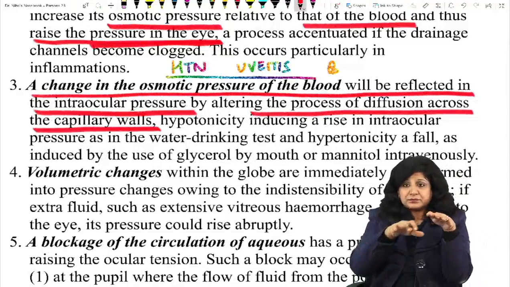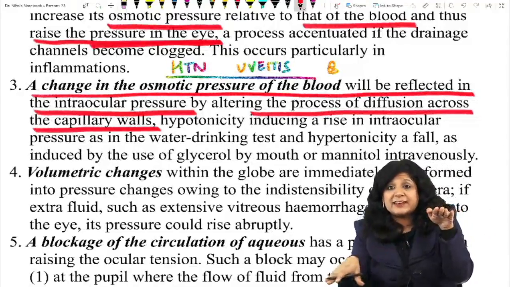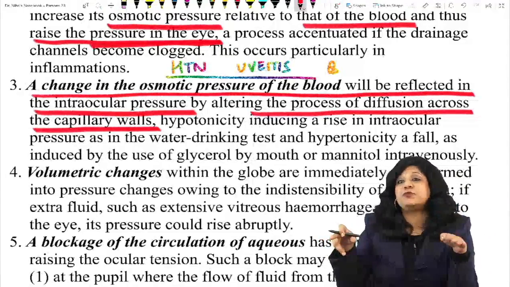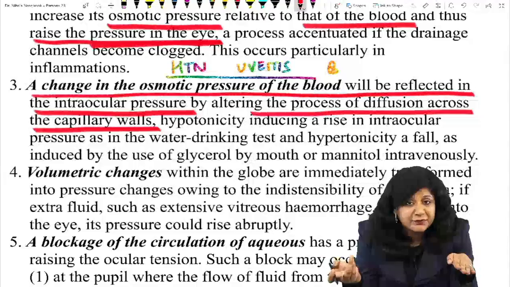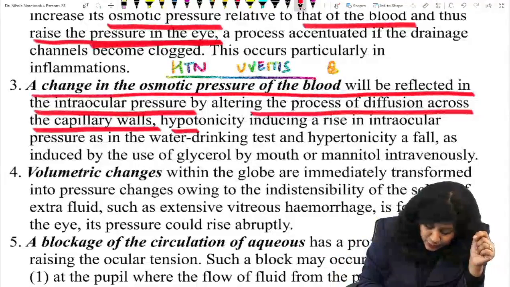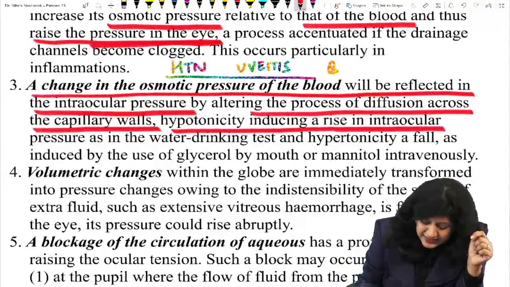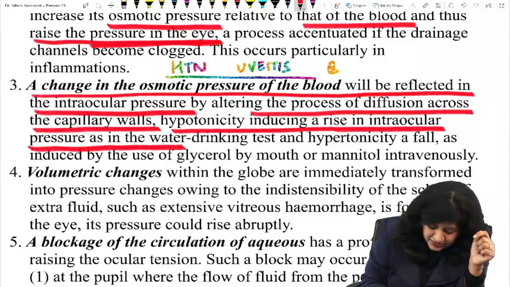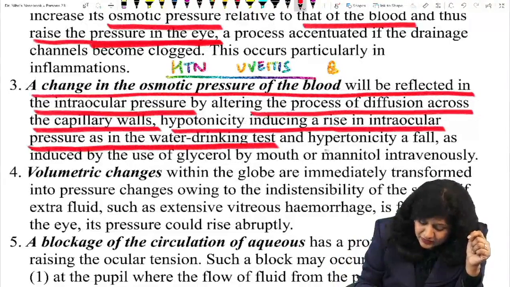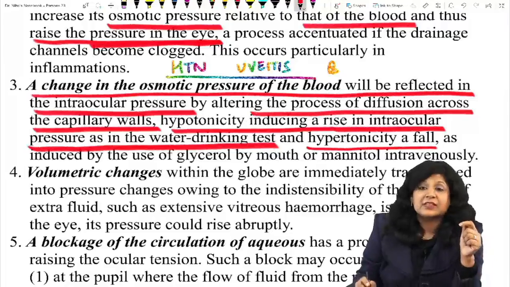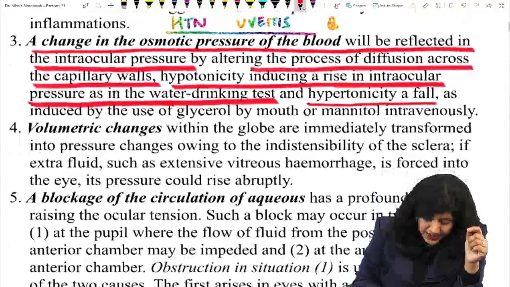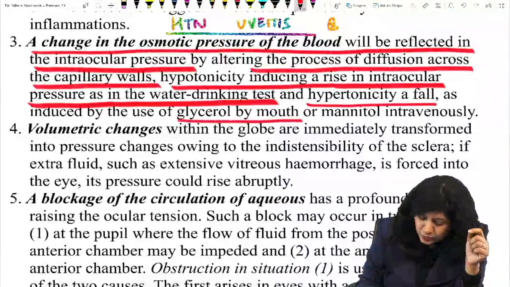So the pressure gradient, the direction in which the fluid will flow, will be reversed, and there will be hypotonicity inducing a rise in the intraocular pressure as in the water drinking test, and hypertonicity, that is, there will be a fall as induced by glycerol by mouth or mannitol.